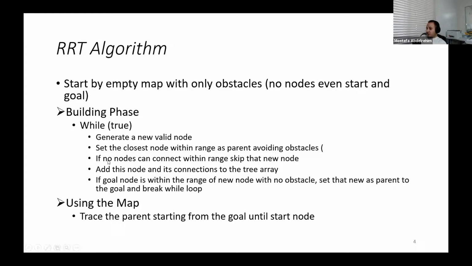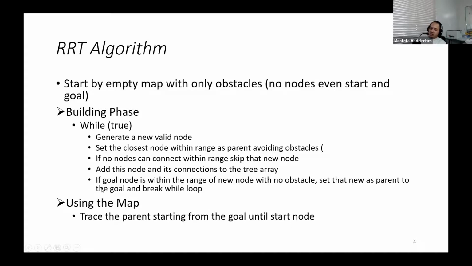As I said here, if no node can connect within the range, the closest range that we saw last time, then we can skip this new node. Otherwise, if we could connect this node to another node as a parent within the range, then we add this node to the tree or the graph.